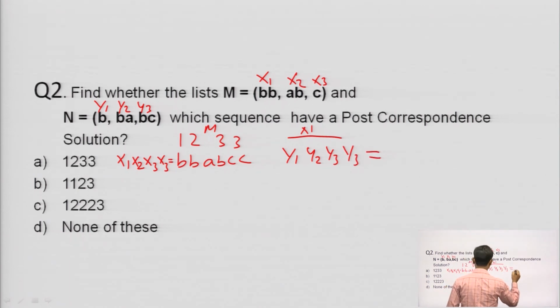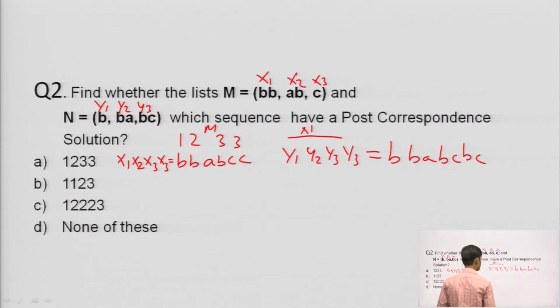Take this string. What will the string be? y1 is b, y2 is ba, and y3 is bc, bc. So this is not a solution. Option A is wrong.